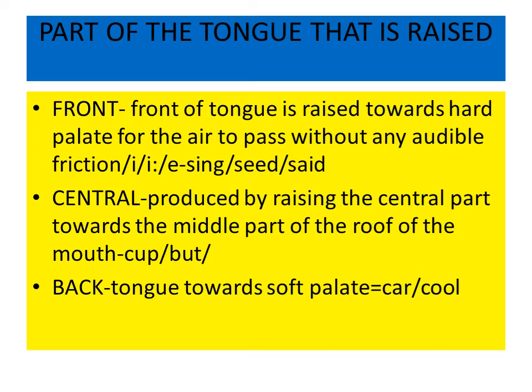While we pronounce /iː/ or /e/, like in sing and seed and said, when we pronounce these sounds, the front of the tongue is raised towards the hard palate, the hard part of the roof of the mouth, for the air to pass without any audible friction.